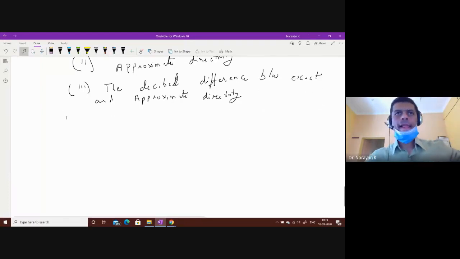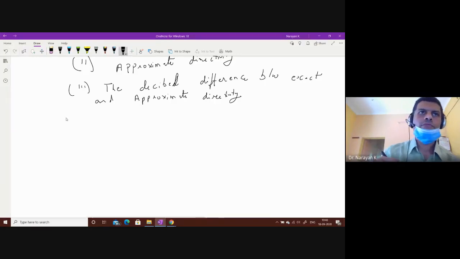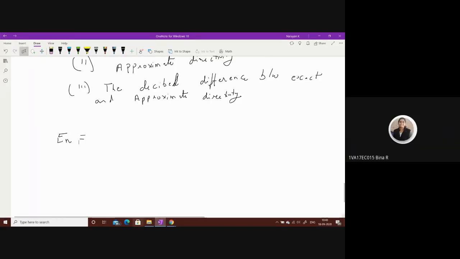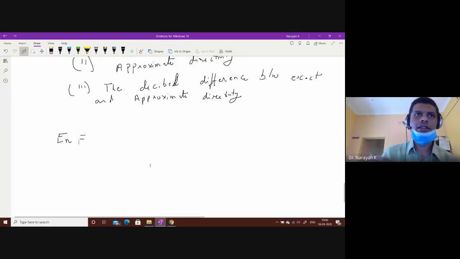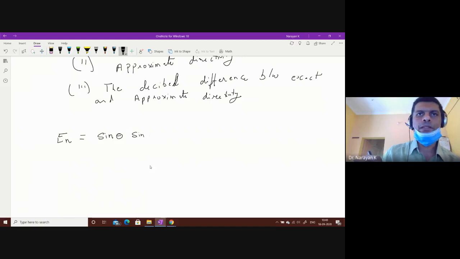Fine. So what is given? The normalized field pattern of an antenna, E_n, is given as sin theta sin phi.